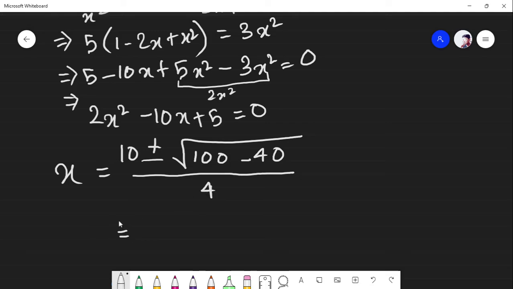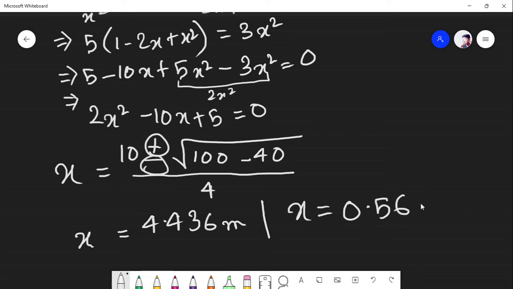So this will be equivalent to x. If we take the positive value, then x will be 10 plus root 60 divided by 4, which is 4.436 meter. And if we take the negative value, then x will be 10 minus root 60 divided by 4, which will be 0.56 meter.